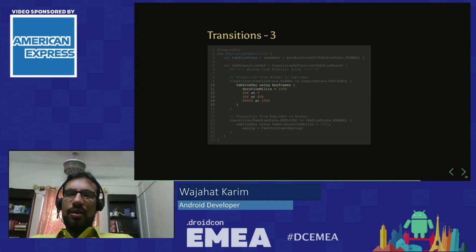So when it's 0 seconds, make it 80, and when it's 200, make it 35. Oh wait, 35. So I have intentionally decreased the button size first and then increased it. So you will see how this plays out. And then at 1000, I want it to be 5000.